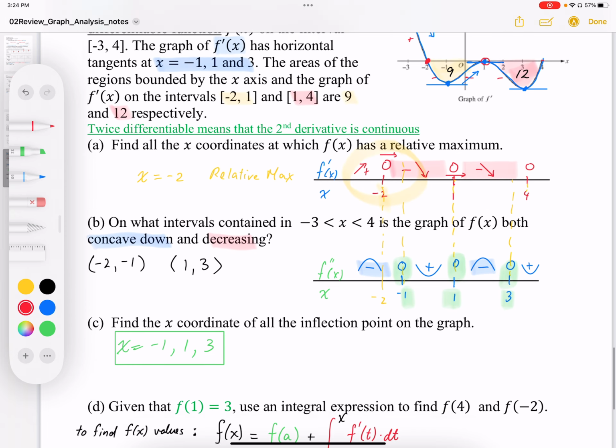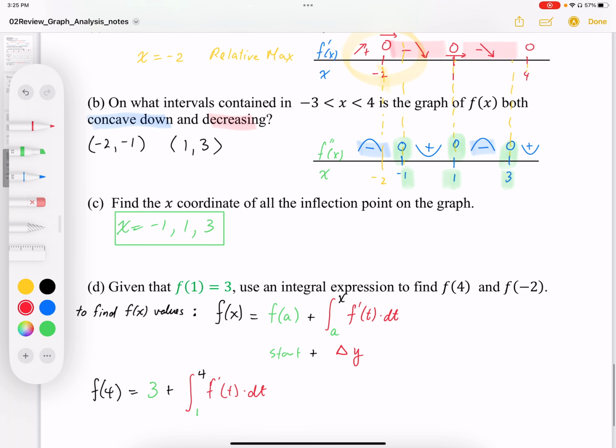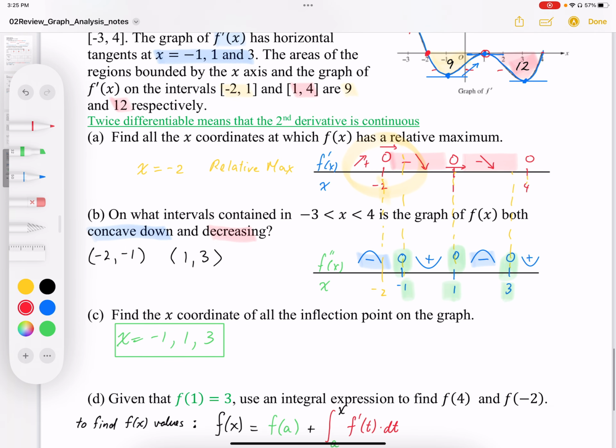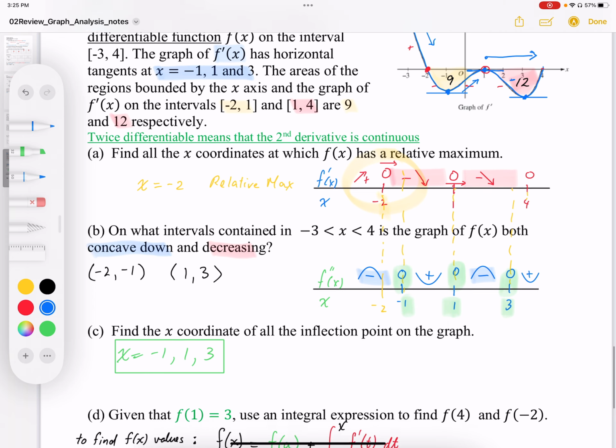Well, we have the f prime function here and the area under the curve from 1 to 4. So we have to start at 1. We're integrating to the right. Okay, so we're integrating from 1 to 4 this way. Oops, that's the wrong way. 1 to 4 in this direction. That means that the area under the curve is going to be negative. So we're going to consider that to be -12. So the displacement is going to be -12.